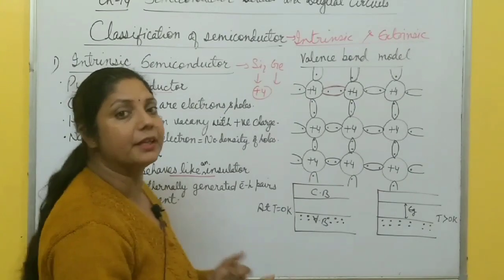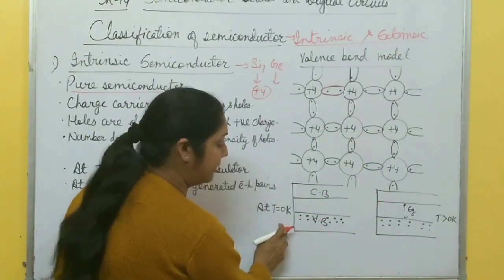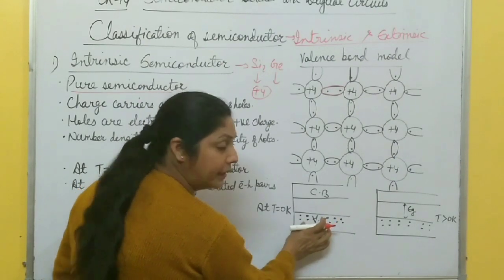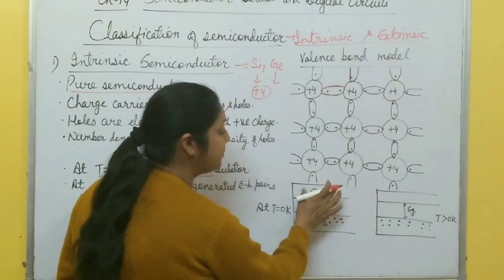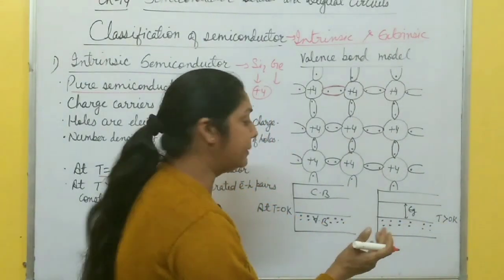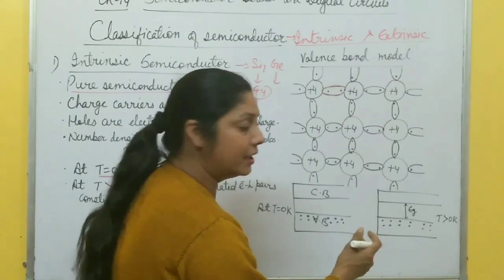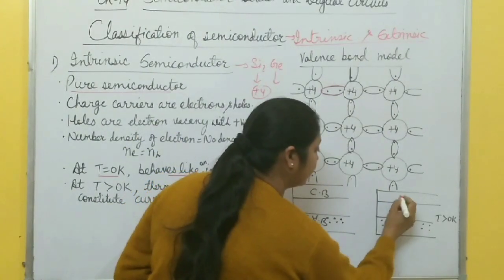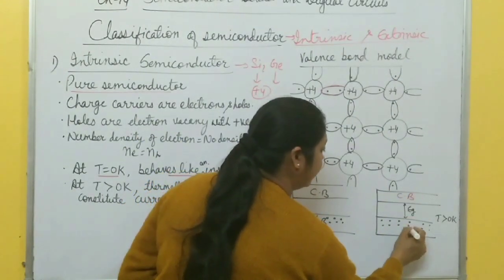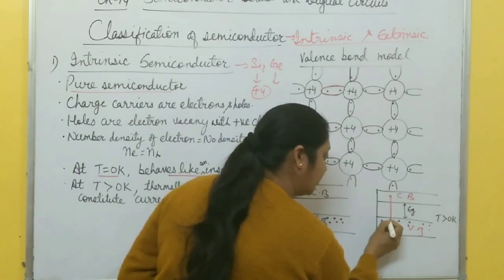But what happens as its temperature increases? This is the case for 0 degree Kelvin: the valence band is completely filled and the conduction band is completely empty. Now when temperature increases, the valence electrons gain some energy and move to the conduction band and create a hole here. Again another electron moves from the valence band to the conduction band and creates a hole here.